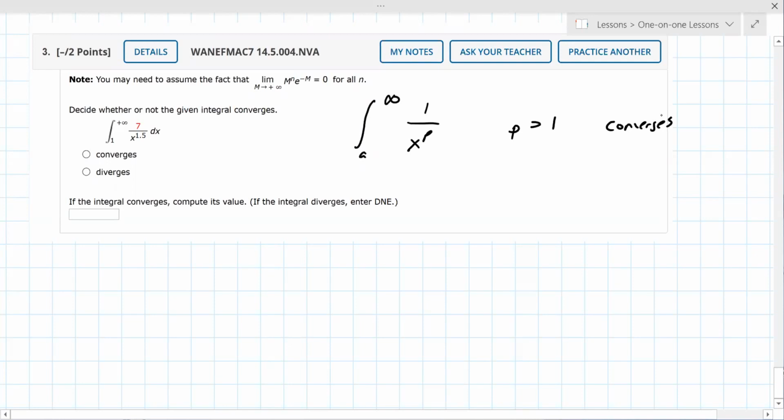I throw a lot of notation at you, but a is just a number. In this case, p is equal to 1.5. Is 1.5 bigger than 1? Yes, this converges.